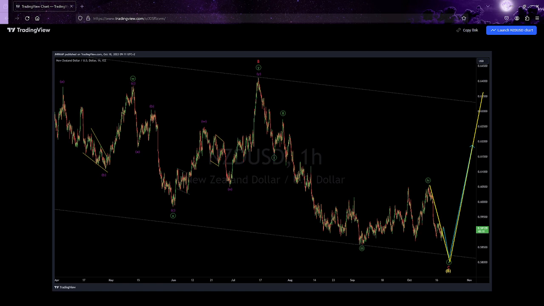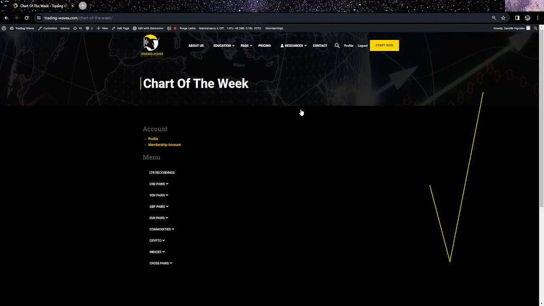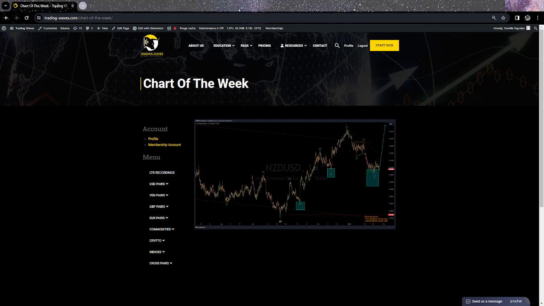You'll also notice that if you go on the website here and click on resources, put your mouse there, and go on the chart of the week, this is just the free content that we have there. I've posted this chart on the New Zealand US dollar.